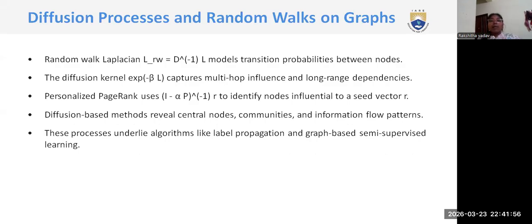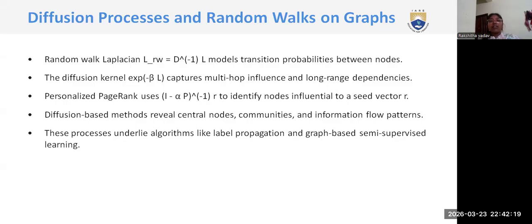Random walk Laplacian L rw equals D to the power minus 1 L. It models transition probabilities between nodes. The diffusion kernel exp of minus beta L captures multi-hop influence and long-range dependencies.